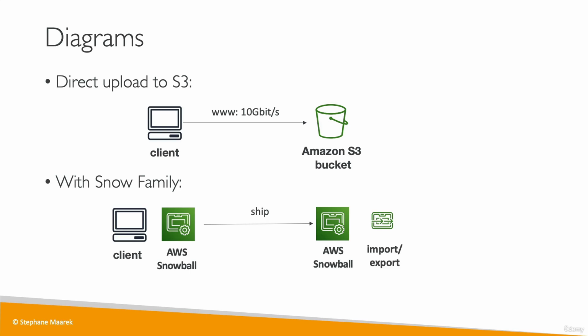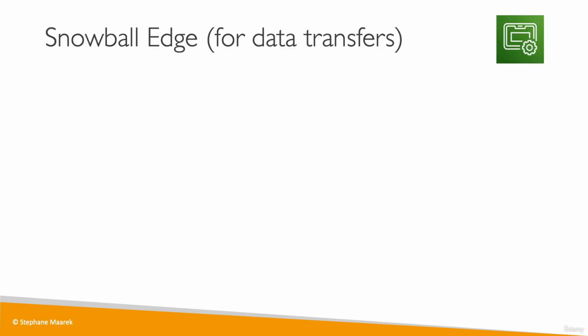Then they will take the device and plug it into their own infrastructure, and then the data will be imported or exported, based on what you want to do, to an Amazon S3 bucket, and you're good to go. So really, it is a way to transfer data to AWS, but through the physical route, not the network route.